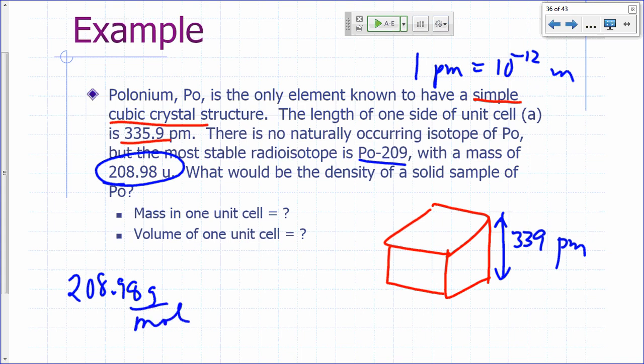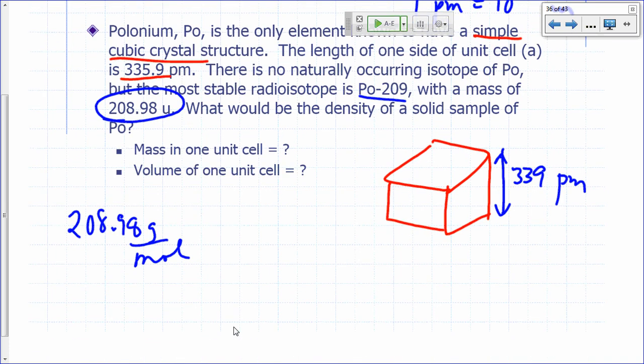You can actually calculate the density of a solid sample of polonium based on this information. How would you calculate the density? Well, what's the mass of one unit cell? 208.98 atomic mass units, but let's change that to grams. So it's mass over volume, right?